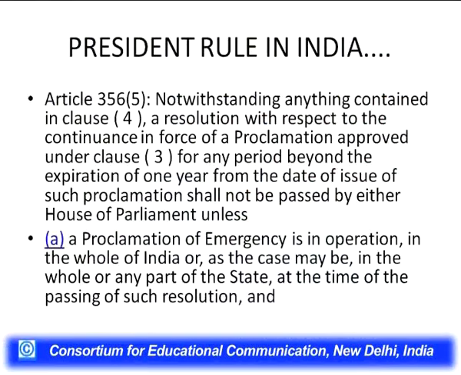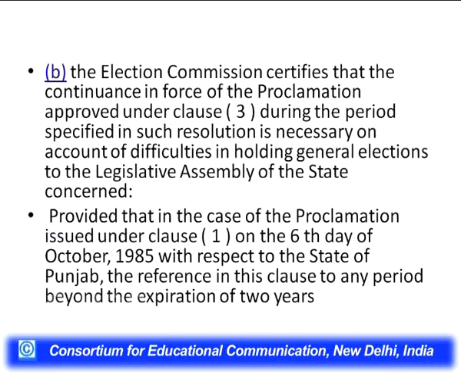Now, I am coming to the provision of Article 356 clause 5 of the Constitution, and it provides that the resolution for the continuation of proclamation beyond 1 year shall not be passed by either House of Parliament unless first a proclamation of emergency under Article 352 is in operation at the time of passing of such resolution, and the Election Commission certifies that it is not possible to hold elections in that particular state legislature.